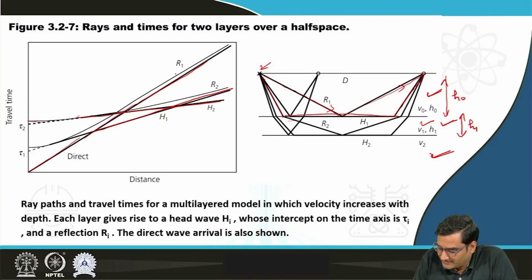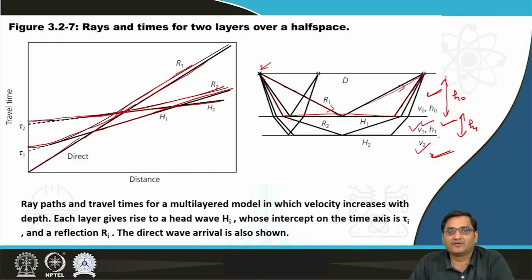This reflection hyperbola here is for R1, and this is the reflection hyperbola for R2. Using this travel time curve, you can find out the velocities V1 and V2 from the slopes of H1 and H2, and wherever they are intersecting with the direct phase, that will give the crossover distance.